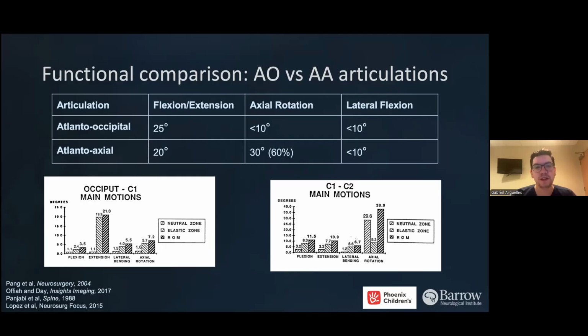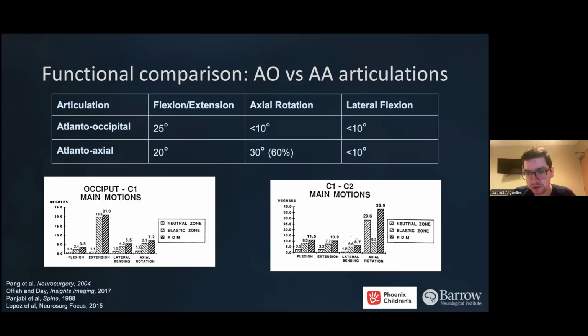And the last thing to mention here, this is the more famous study down here by Punjabi et al. It's an old study from 1988, but it shows a cadaveric study where they applied a fixed force to these levels to measure their different range of motion.